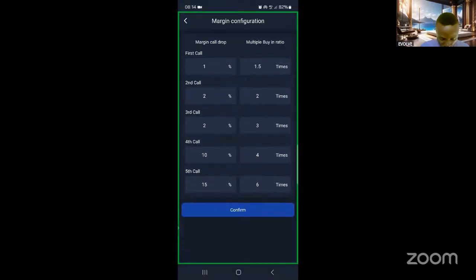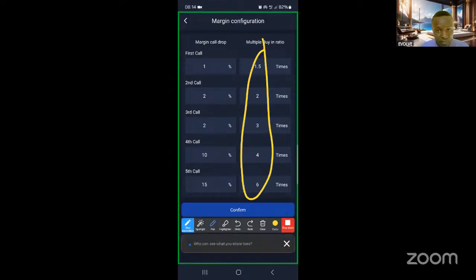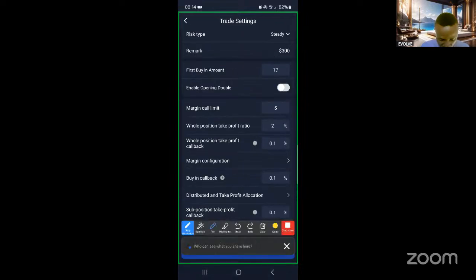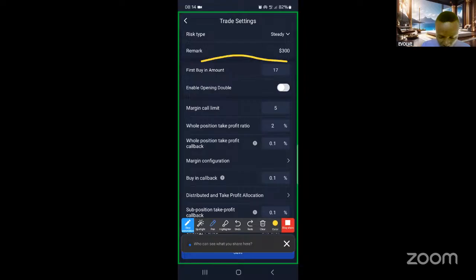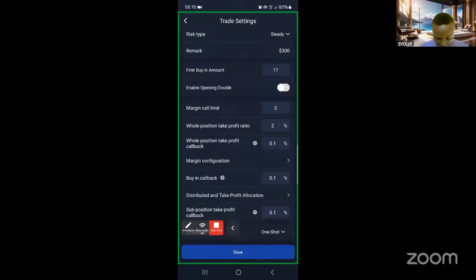We learned how to calculate how we arrive at these numbers, but we also learned how we arrive at the number you put here to maximize profit. We basically learned these two.